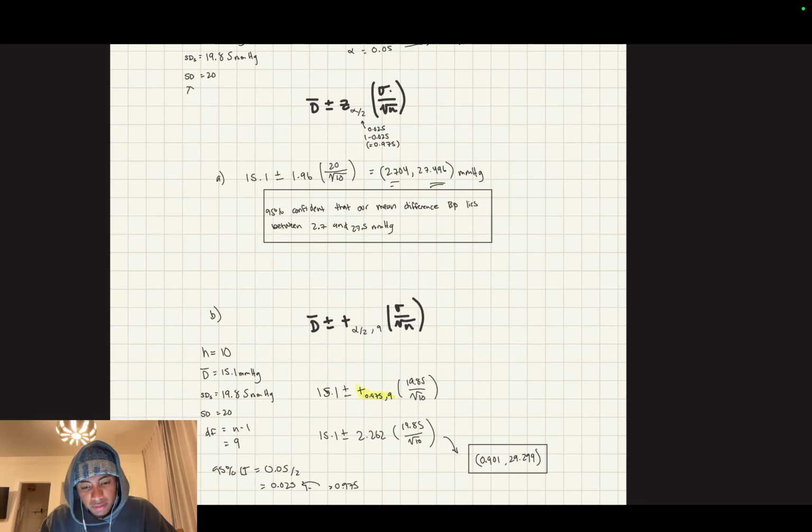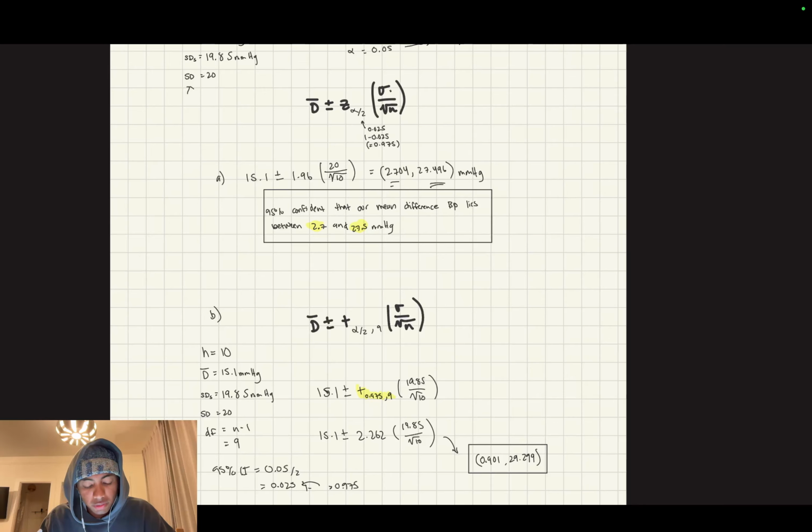That's why, when working off the sample standard deviation, you can see we have a wider interval compared to 2.75 to 27.5, which seemed more confident with a closer interval.